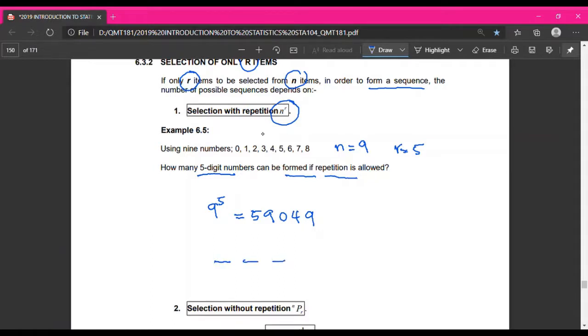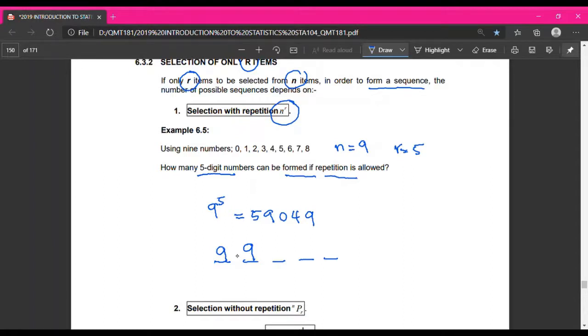Now kita nak form 5 digit numbers. So akan ada 5 tempat je lah. Okay, and then tempat yang pertama, how many number can we use? We have altogether 9. So tempat yang pertama kita boleh gunakan 9 numbers. And then dia kata repetition is allowed. Second place ini boleh gunakan 9 juga, sebab repetition is allowed.